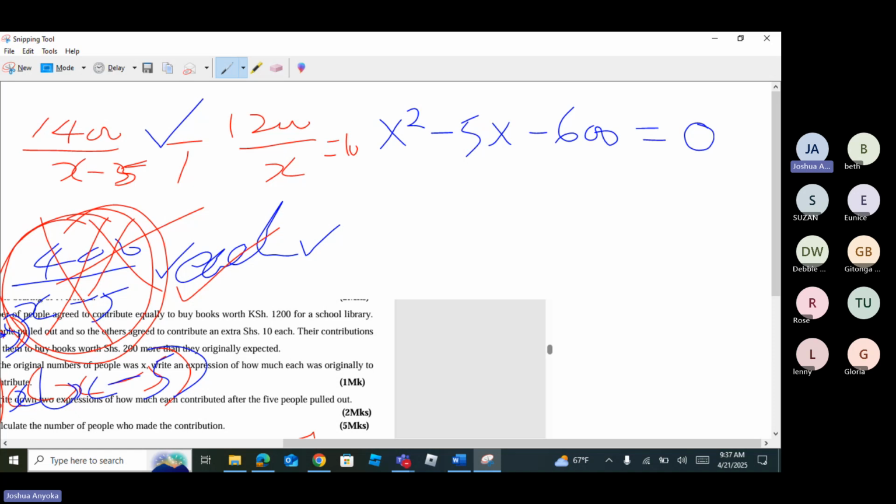You solve this one quadratically. What are the values of x1 and x2? We agreed to use the quadratic formula.